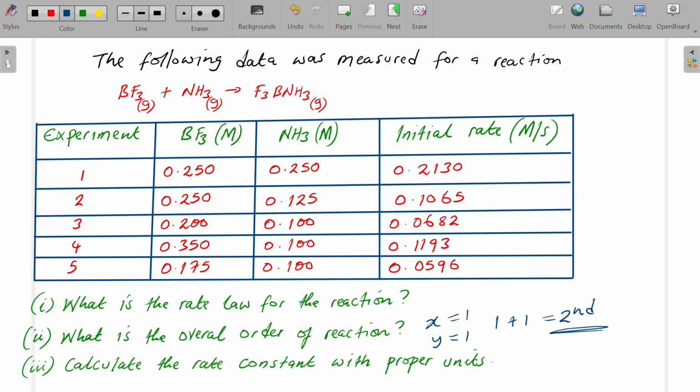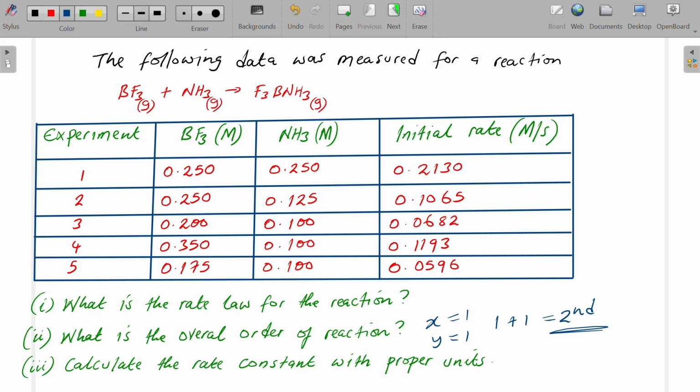So the overall order of reaction is second order. The order of reaction according to reactant BF3 is first order. The order of reaction according to reactant NH3 is first order. But the overall order of reaction is second order. You shouldn't confuse those two. When they say the order of reaction according to reactant BF3, they are talking about that specific reactant.